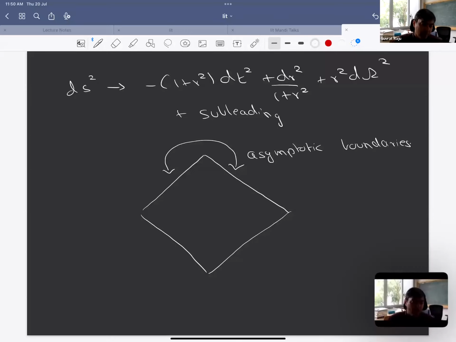And at infinity, the metric should be that of flat space. So this is what we mean by asymptotically flat space. It's important that, even in the theory of gravity, it is much simpler to discuss asymptotic algebras because asymptotically, the metric doesn't fluctuate. And that's how we define the theory of quantum gravity.